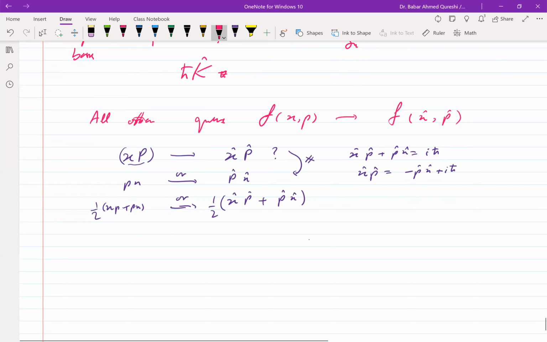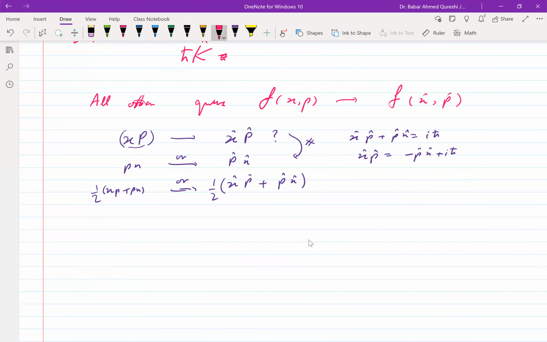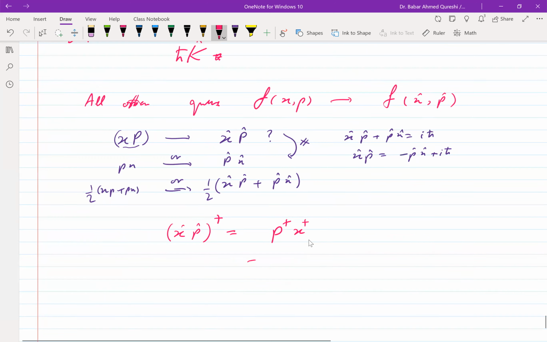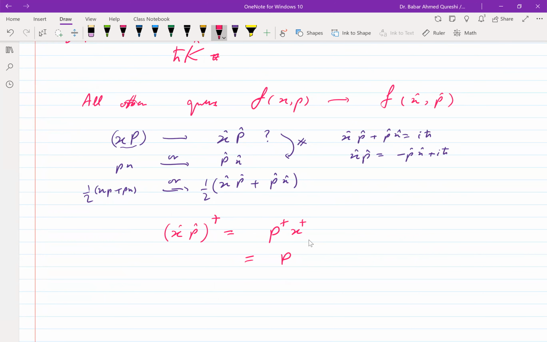Sometimes there is a hint. Well, in case of one product, there is always a hint, because I want to pick Hermitian operators to describe observables. What is this? By Hermitian rules, (xp) dagger is p dagger x dagger. But p and x themselves are Hermitian because they're describing observable quantities.